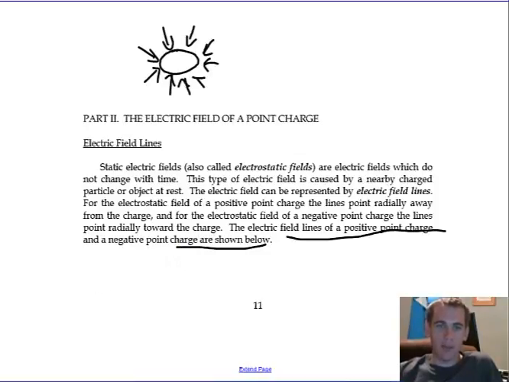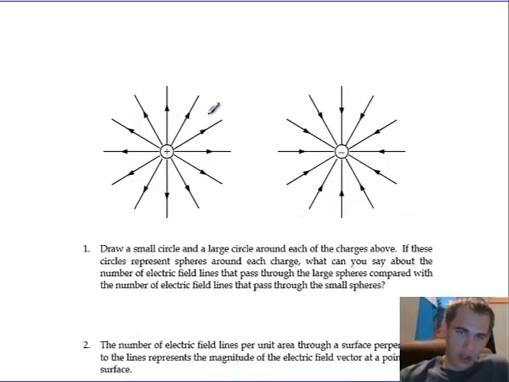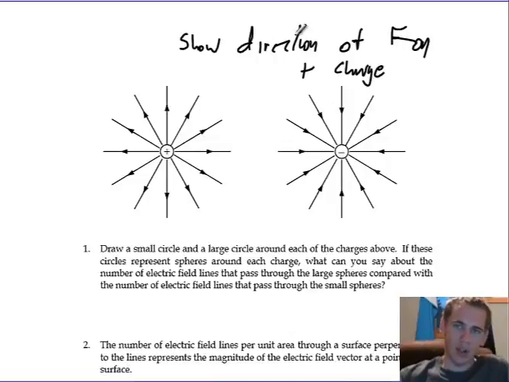So when we take a look at these, you can see positive charge, electric field points away, negative charge, electric field points towards. And basically, electric field lines show the direction of force on a positive charge. Keep that in mind. It's always relative to a positive charge. Direction of force relative to a positive charge.